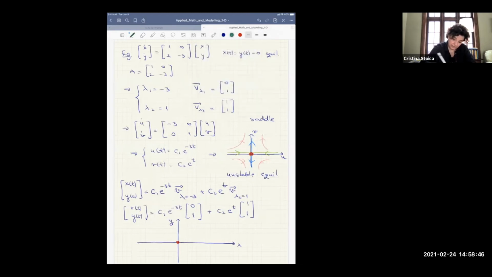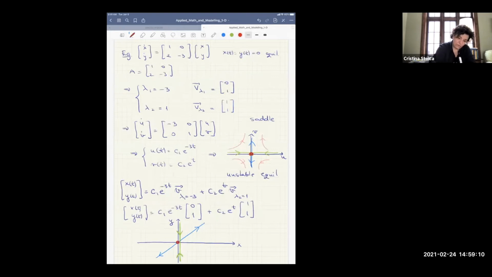The vertical direction just so happens. This is the one with minus 3, so it goes in. And the other one is aligned to the eigenvector 1, 1. X is 1, Y is 1, so it looks like this.